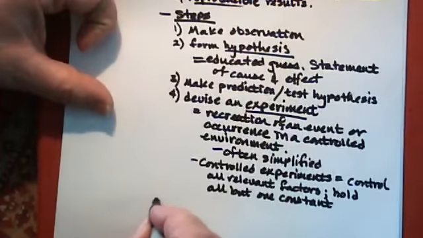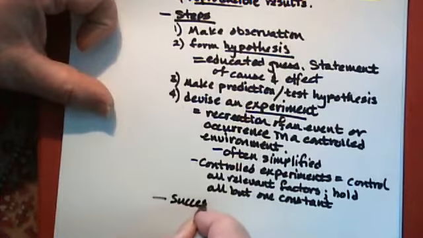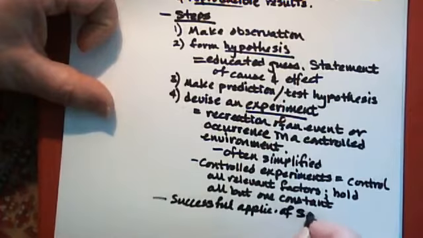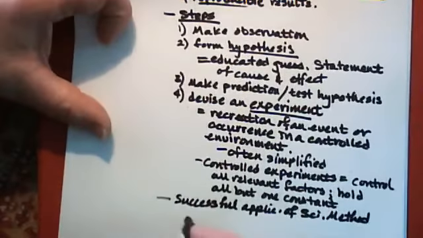The outcome of successful application of the scientific method can be a scientific law or principle.